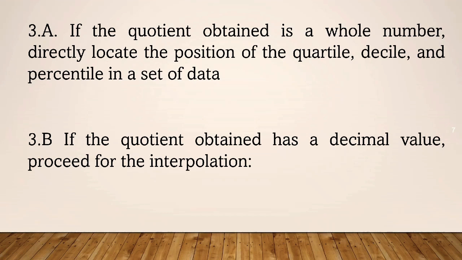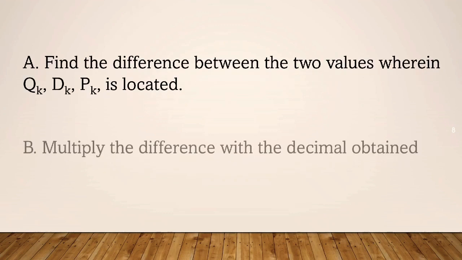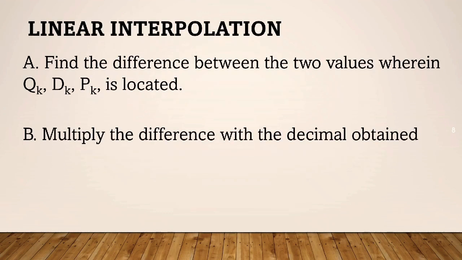So class, we have certain steps that we need to follow if we are going to interpolate the value that we get in a set of data. Here are the certain steps that we need to follow under linear interpolation.